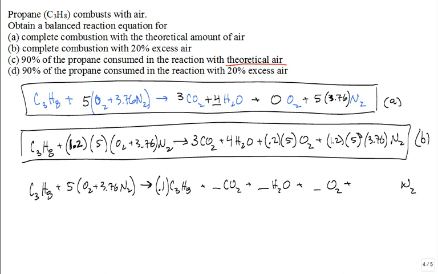Well, let's try our carbon balance. How many carbons? Let me try and do it up here, C balance. How many are on the left-hand side? 3. How many do I need on the right-hand side? Well, I'll have 0.3 from there plus this unknown X.